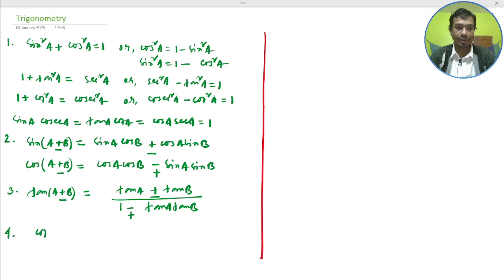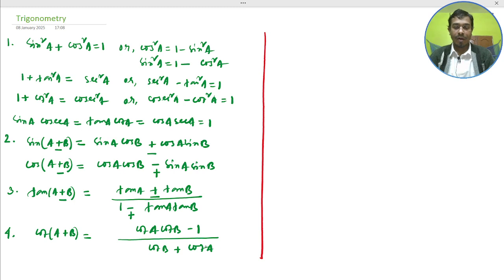Next, cot a plus b becomes cot a cot b minus 1 divided by cot b plus cot a, and for cot a minus b, it becomes cot a cot b plus 1 divided by cot b minus cot a.